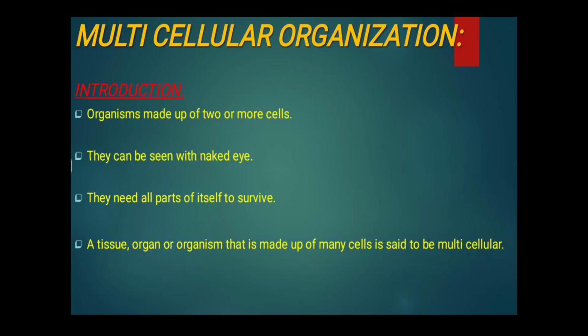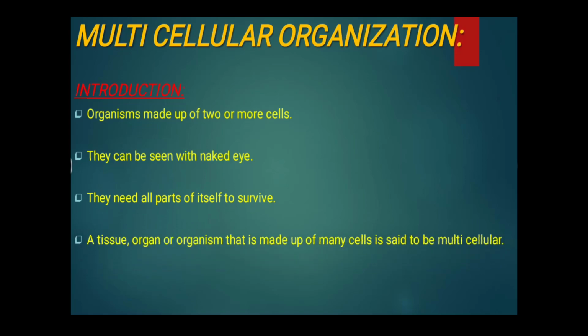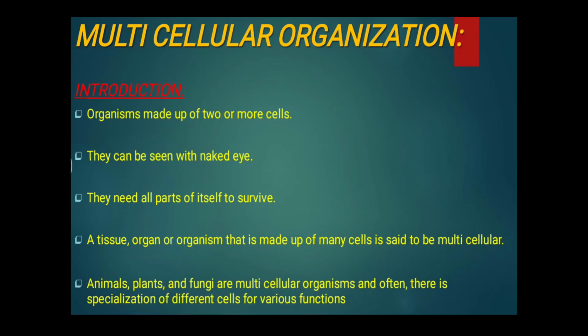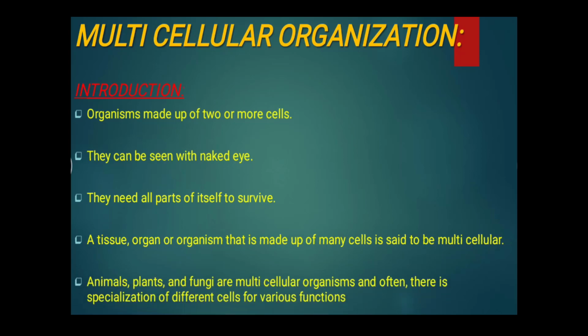A tissue, organ, or organism that is made up of many cells is said to be multicellular. Many means two or more than two. Animals, plants, and fungi are multicellular organisms, and often there is a specialization of different cells for various functions.